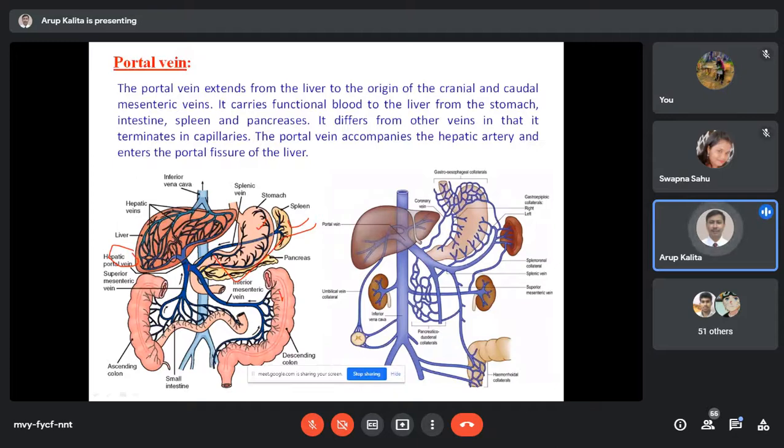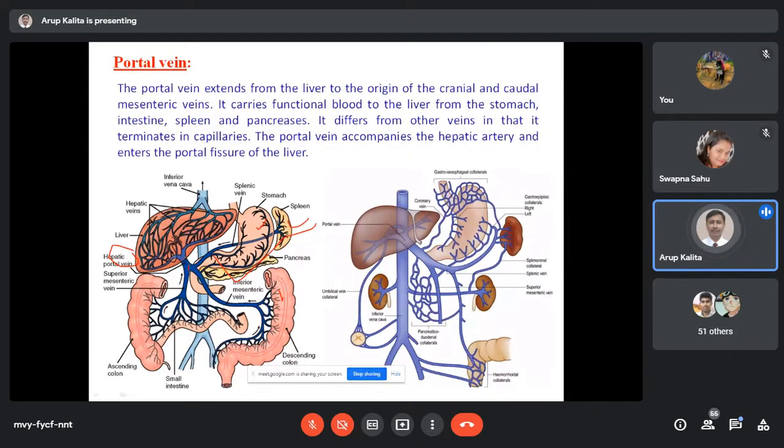Then they unite together to form a single vein known as the hepatic portal vein. And this hepatic portal vein, instead of joining the vena cava, will enter into the liver. And in the liver, it will distribute to the different parts of the liver. So that is the difference.